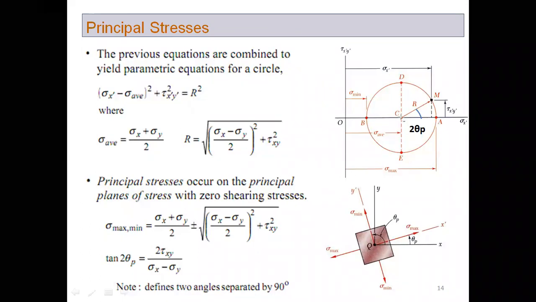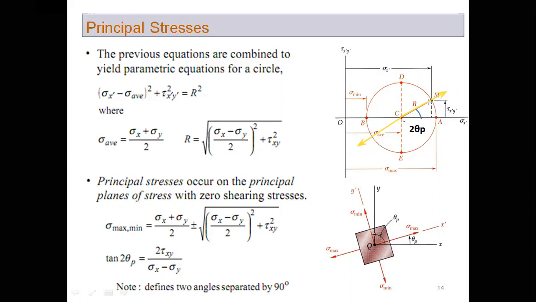This line represents the x prime axis, and this line represents the y prime axis. This would be more clear when we discuss the Mohr circle diagrams. The Mohr circle diagram is the graphical method by which we solve the problems of stress transformation.